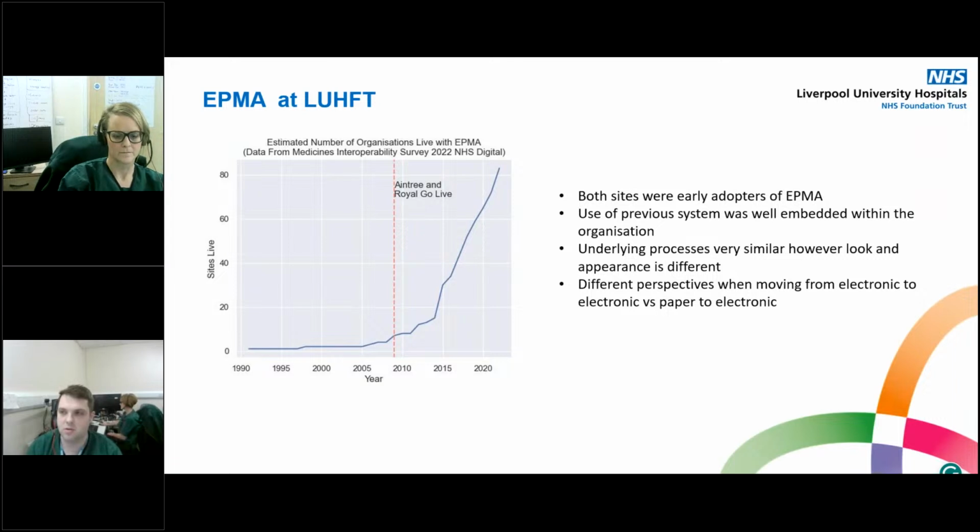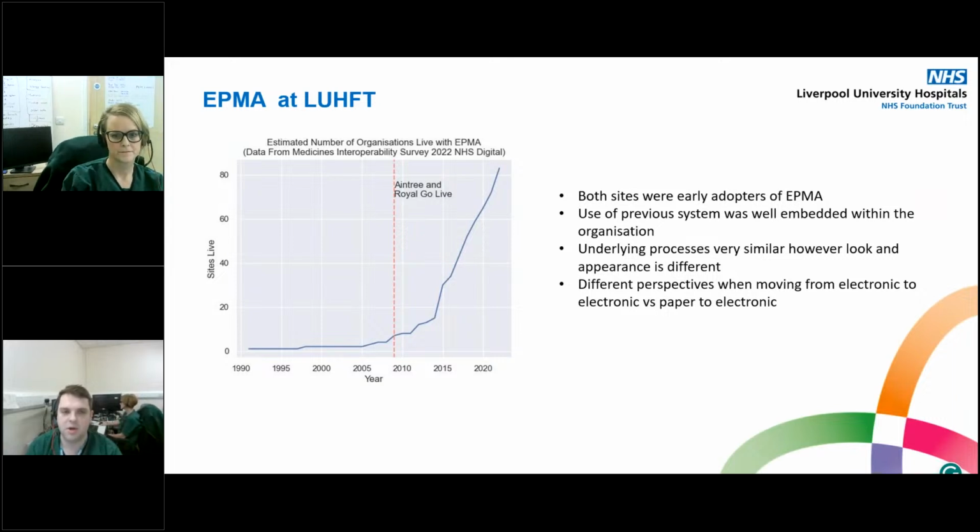But people were so used to what they'd been using for the best part of a decade that it was quite a hard transition to take. And I think expectations were possibly a bit different because we weren't going from paper to electronic. We were going from electronic to electronic. So people want, if not the exact same features, enhanced features as well, especially when you're viewed to be on quite an old system.